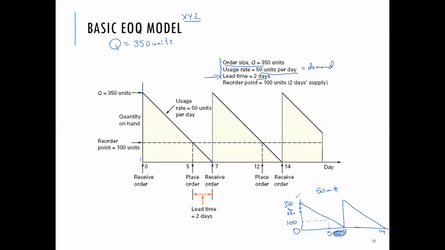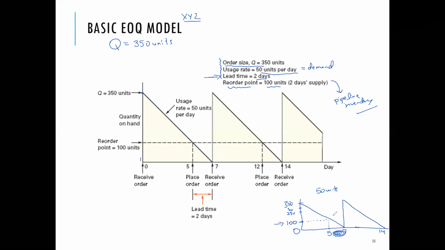These 100 units, or this point over here, is called the reorder point, or for my undergraduate students, it's called pipeline inventory. In other words, as soon as our inventory touches 100, we will place a new order.